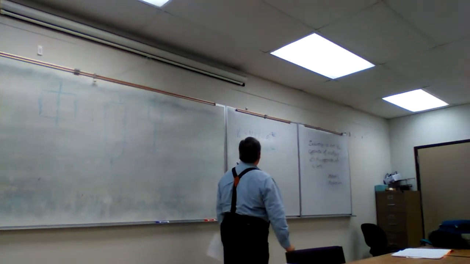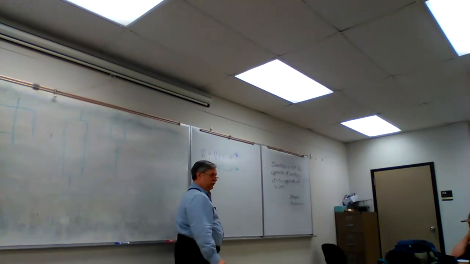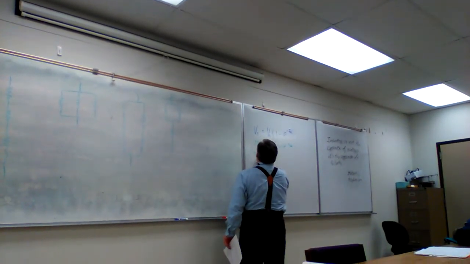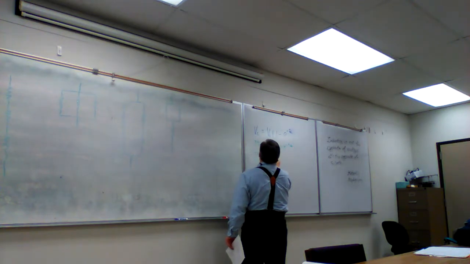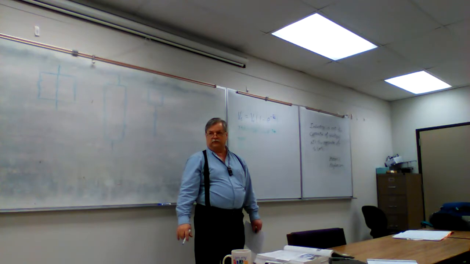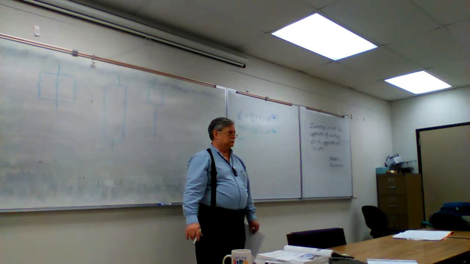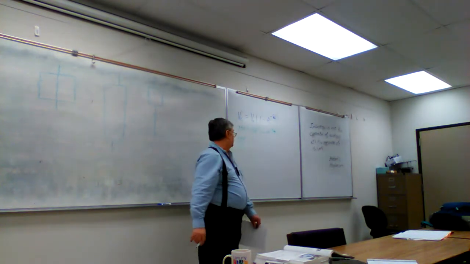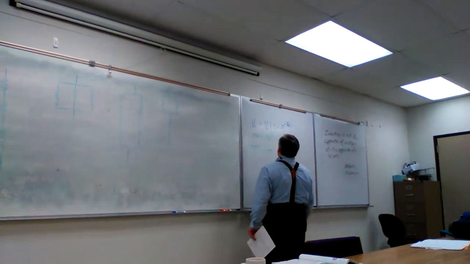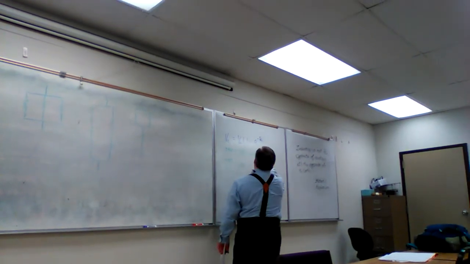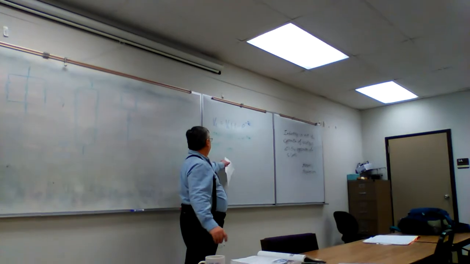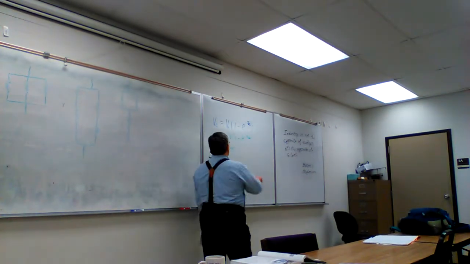So that will reach 7.5 volts when, what's 7.5 volts divided by 10? When 1 minus e to the minus t over RC is equal to 0.75.